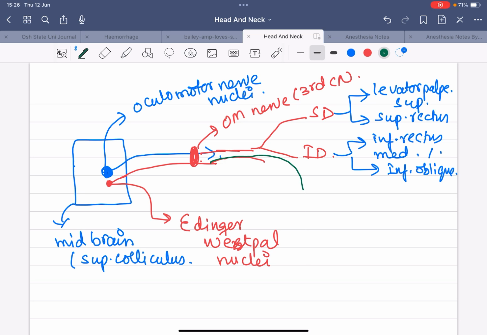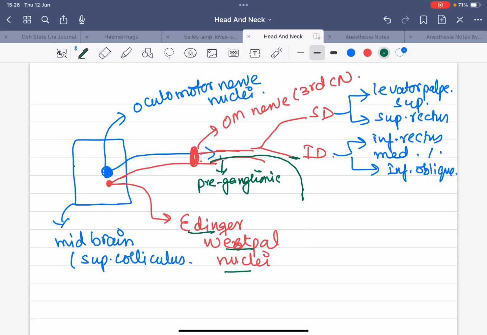So please remember, the parasympathetic root arises from the nerve to the inferior oblique, through the inferior division. It contains preganglionic fibers. These are your preganglionic fibers. Preganglionic fibers begin in the Edinger-Westphal nuclei, which is present in the midbrain.